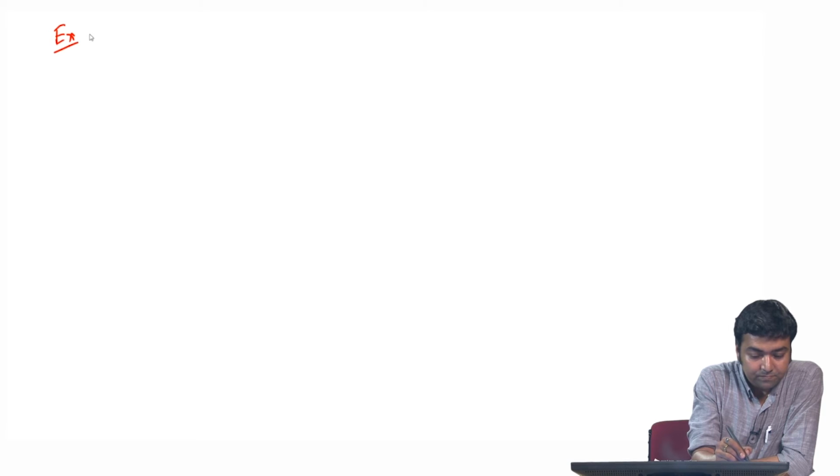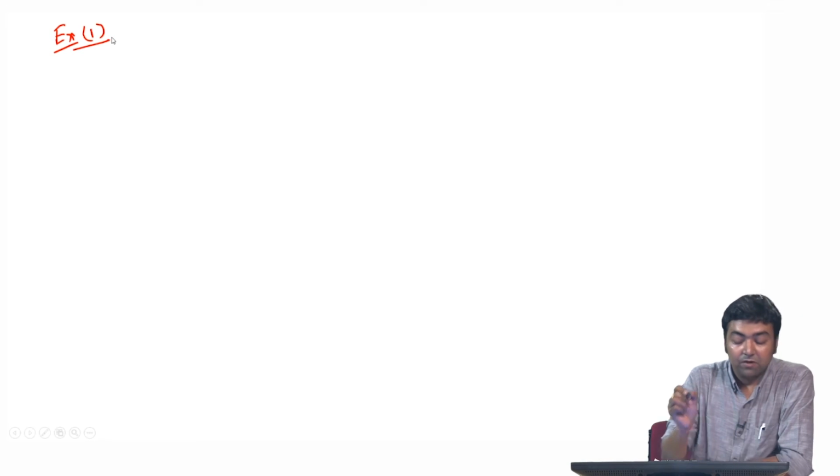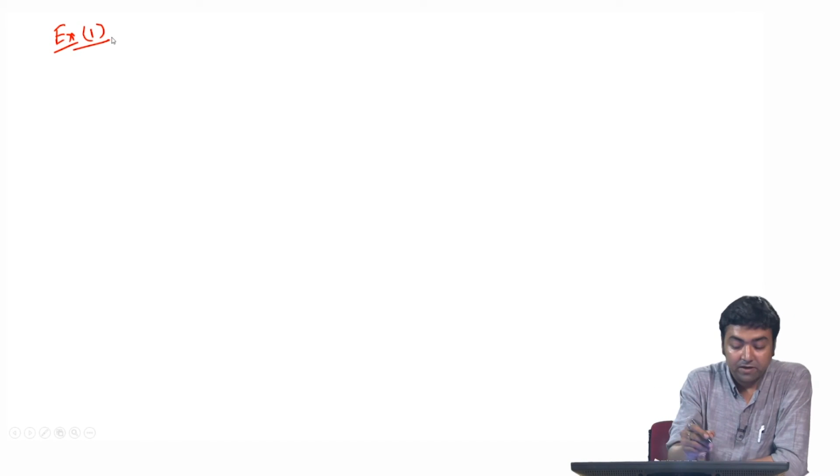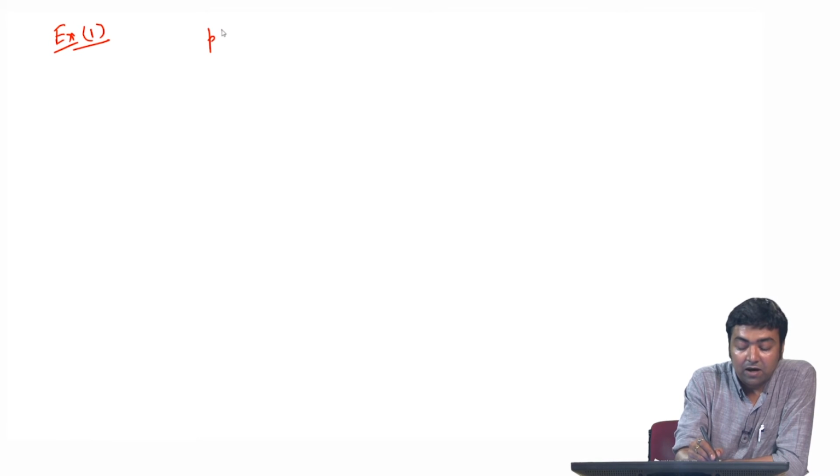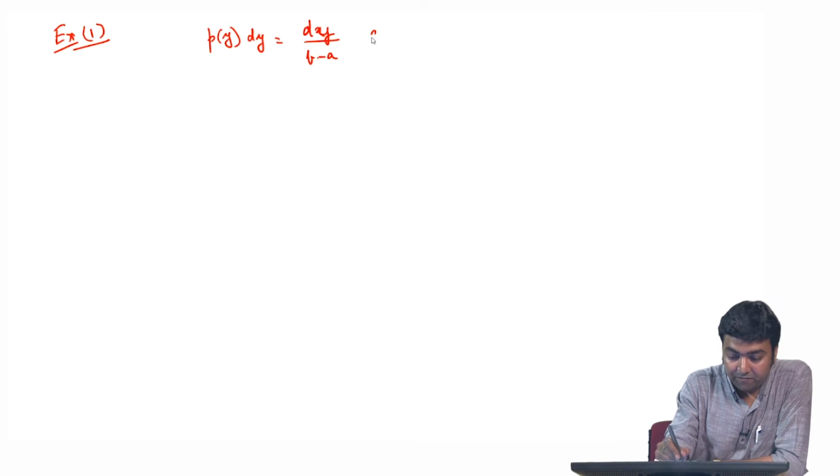So, we take some examples. The first example is a simple one. Suppose I want a set of random numbers which has the following distribution: p(y) dy = dy/(b minus a), such that y lies between a and b and is equal to 0 elsewhere.